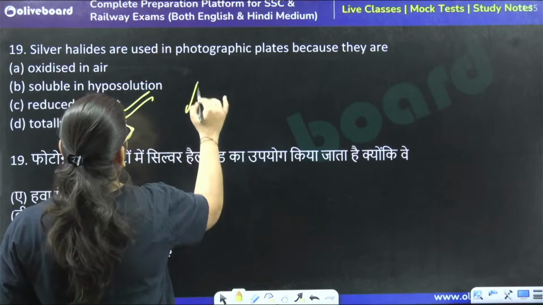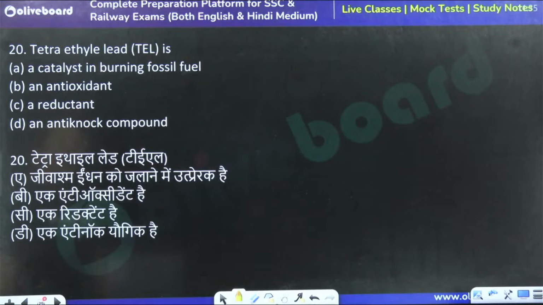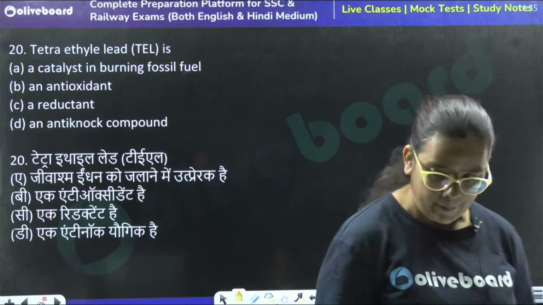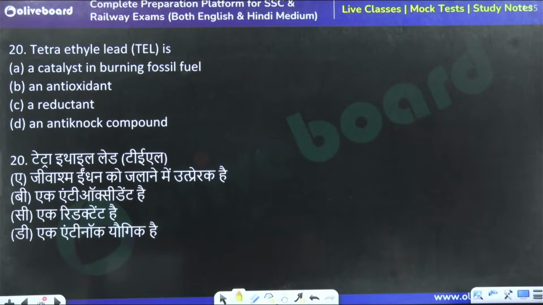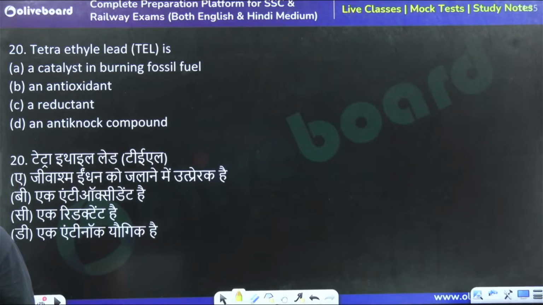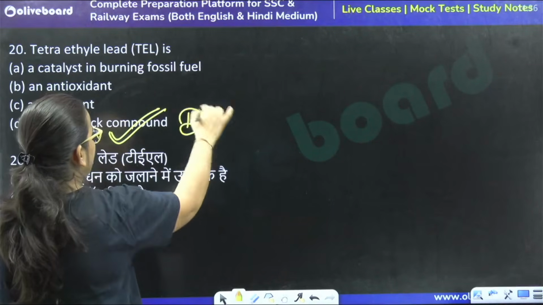The correct answer of this question is option C. Next, tetraethyl lead, TEL, is? Anti-knocking compound. Yes, the correct answer is anti-knocking compound, option D.